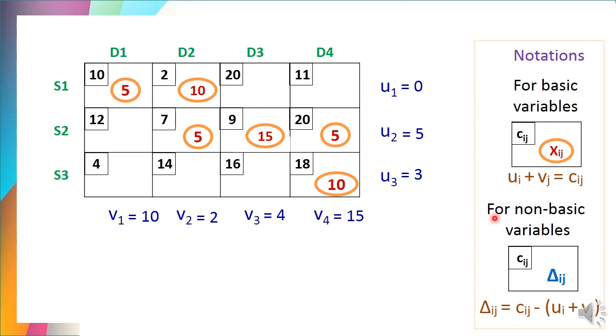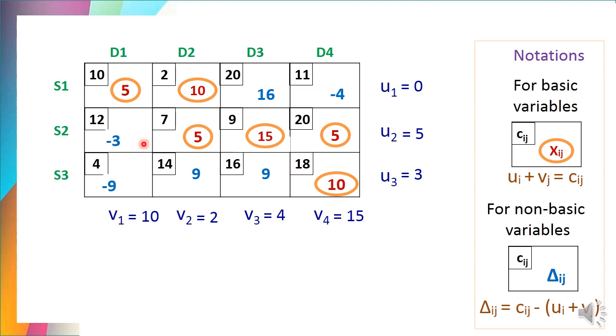Now let us use the expression delta ij equal to cij minus (ui plus vj) to find the delta ij values. Here it is 20 minus (4 plus 0), which is 16. Here it is minus 4.